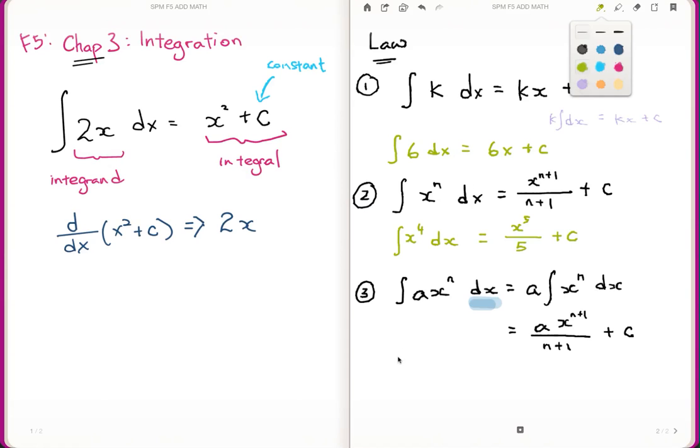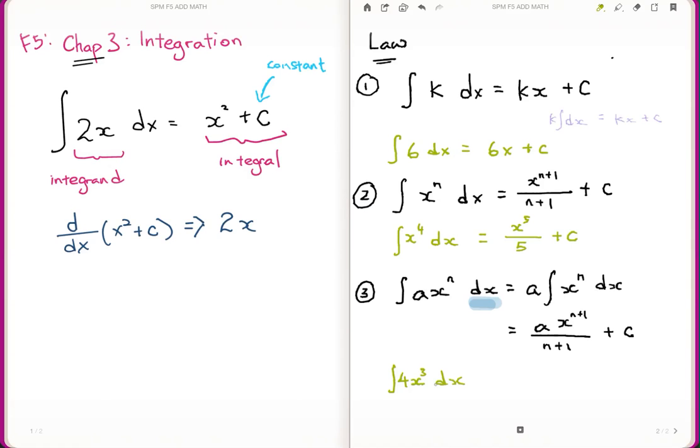Just like for other questions, for example, say integrate 4x cubed dx.